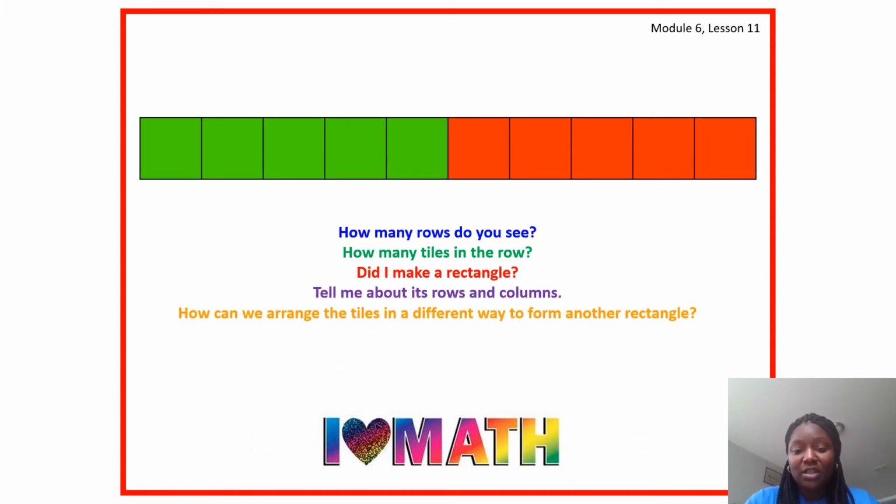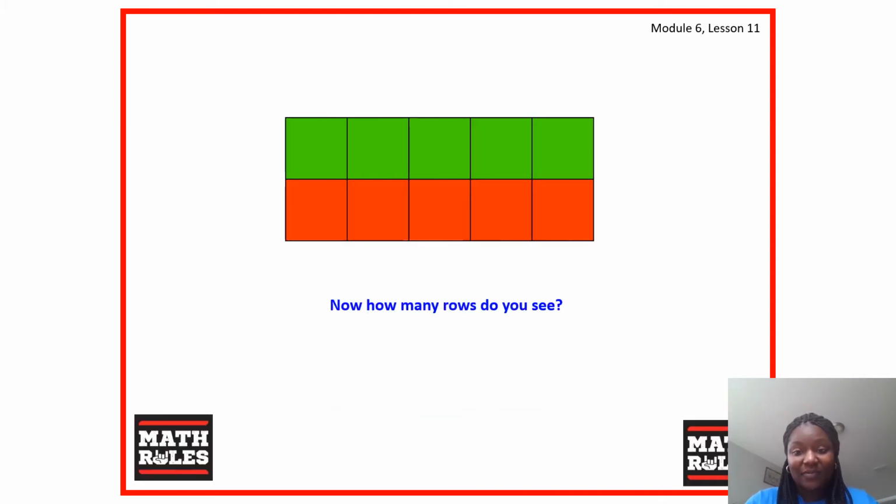How can we arrange the tiles in a different way to form another rectangle? We can cut it in half and put the red tiles under the green tiles and have 2 rows of 5. Very good. And here we have it, 2 rows of 5. So how many rows do you see? 2.